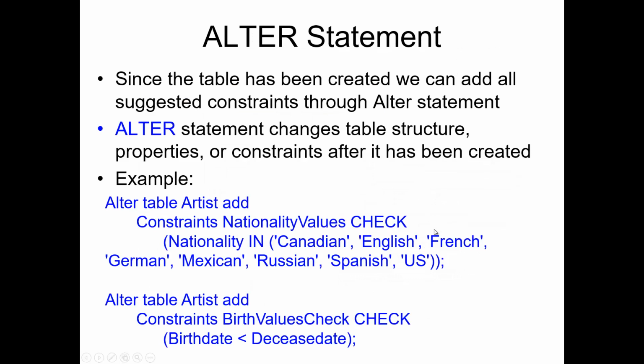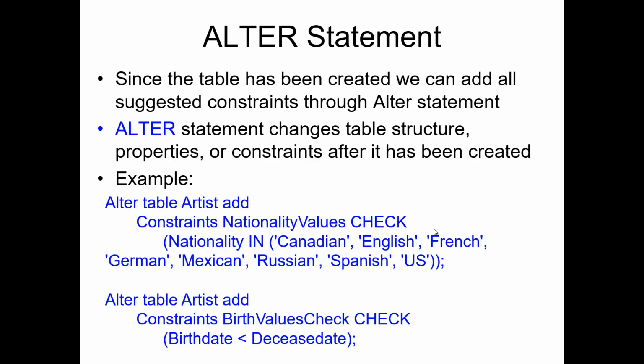Since the table has been created, we can add all suggested constraints through the alter statement that we talked about. So the alter statement changes table structure, properties, or constraints after it has been created. For example, we can say alter table artist add constraint, and this is the constraint that we need to add to check if the nationality values are equal to the 8 countries that we specified.